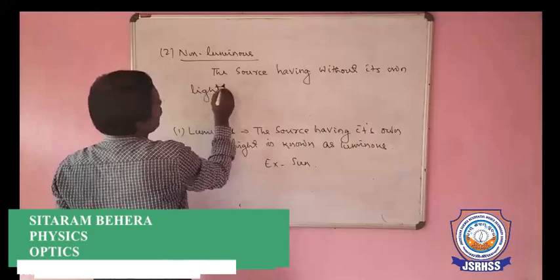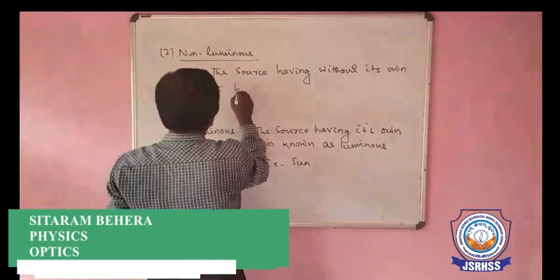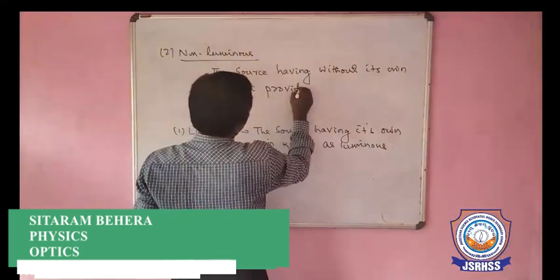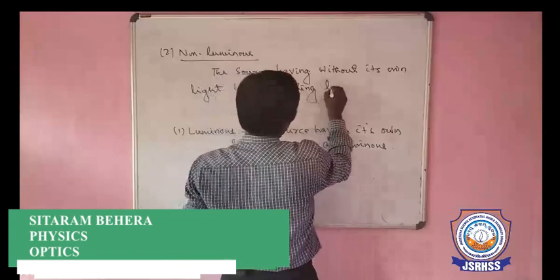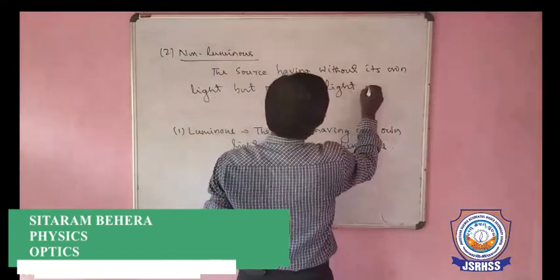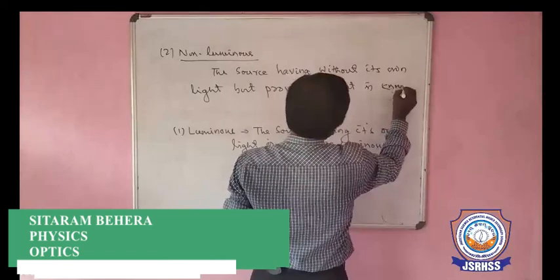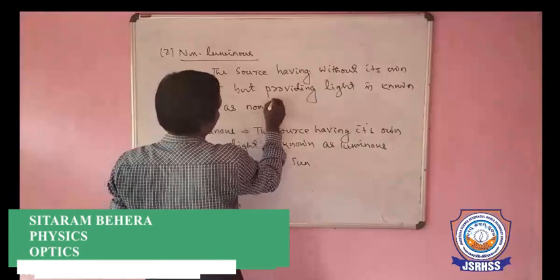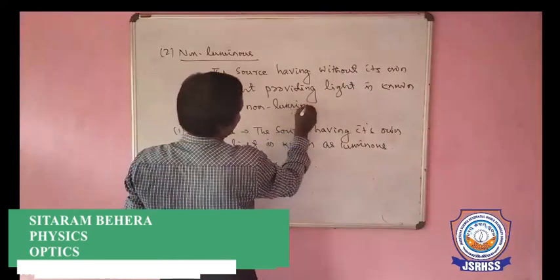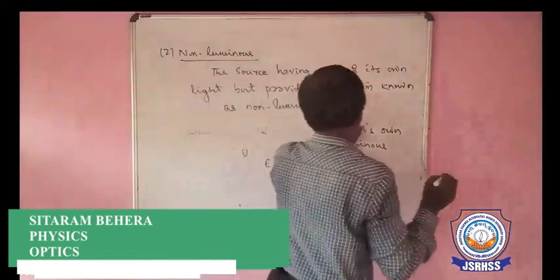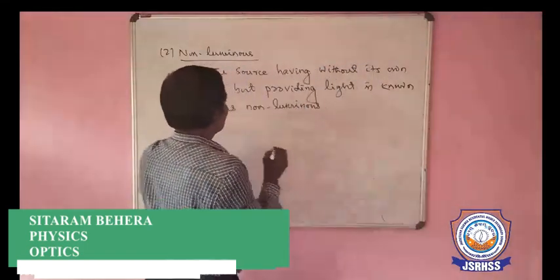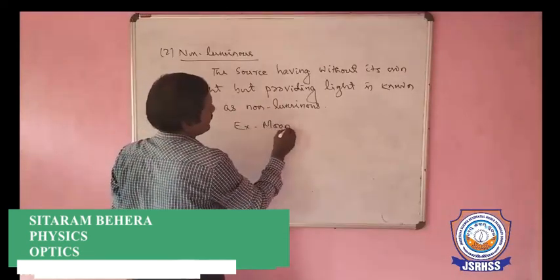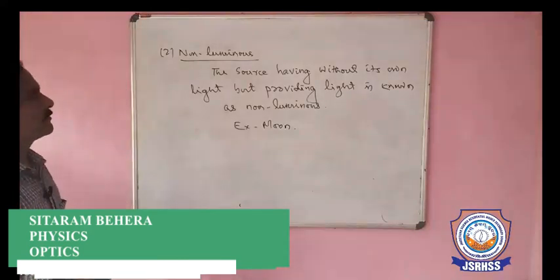The source without having its own light but providing light is known as non-luminous. For example, the moon. Moon has no light, but it is giving light to us.